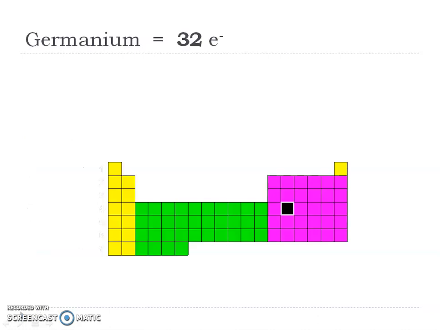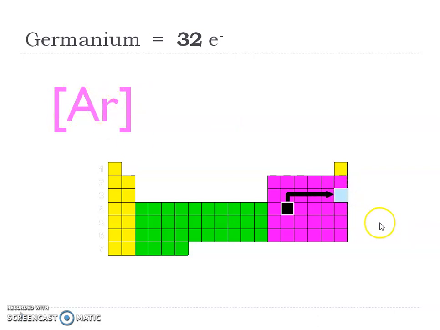For germanium, which is number 32, the first thing I'm going to do is look at the noble gas before it. In this case it's argon, and that takes care of most of my electrons. Then I finish the shorthand electron configuration like I would the normal configuration. The only difference is I don't have to fill up 1s2 and 2s2, because part of it is already filled up from the argon.